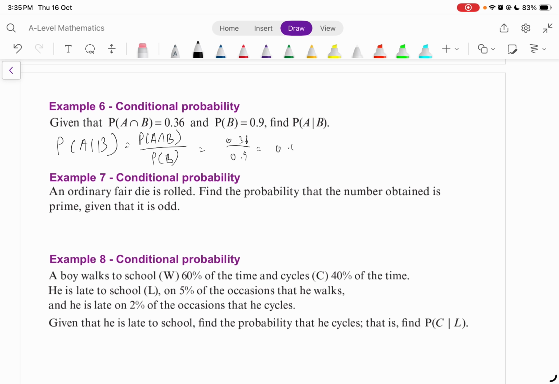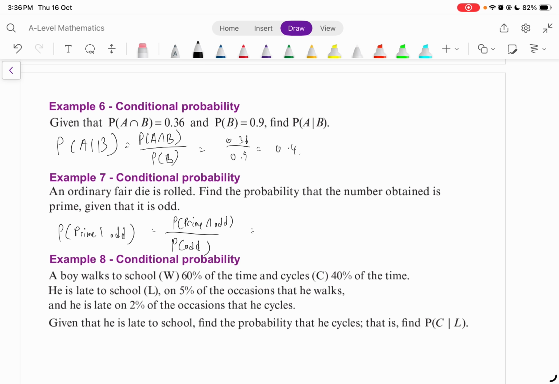That is our answer. Again, an ordinary fair die, okay, this is the keyword. Find the probability that the number obtained is prime given that it is odd. So we have to find that it's prime given that it's odd. Like we said, we do not want the probability of odd, and given that it's prime, intersect odd.